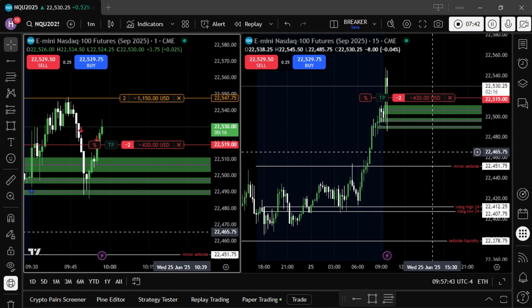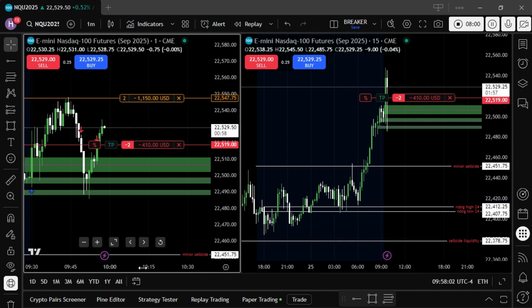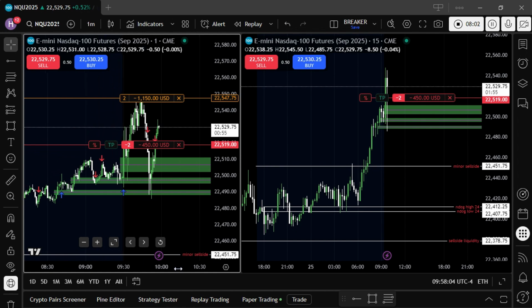But the logic is that if you look on the right hand side of the screen on the 15-minute chart, you'll see that it raided buy side liquidity twice in a pretty respectable fashion. Like it ran a couple hundred handles towards higher prices.